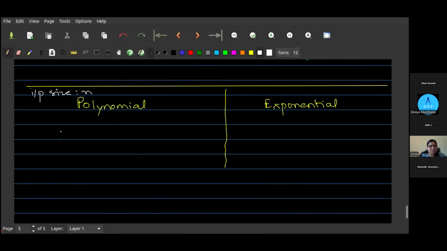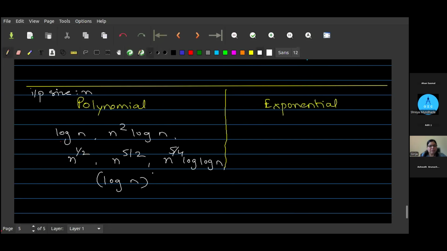Okay. So something like log n, square log n, maybe n to the power half, root n, then n to the power 5 by 2, maybe n square, sorry, n to the power 5 by 4 log n, maybe something like log n to the power 5.